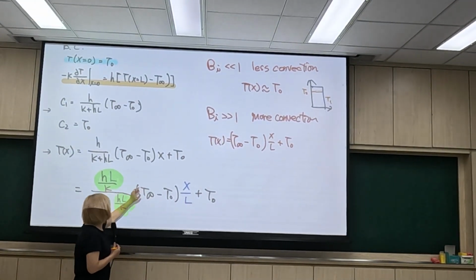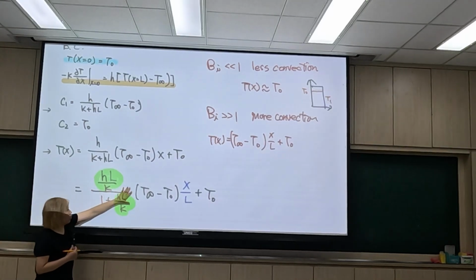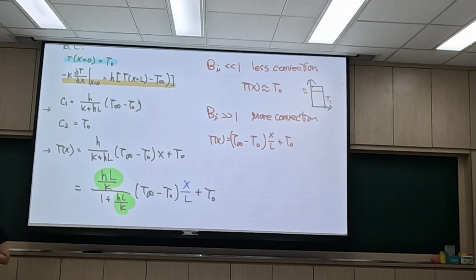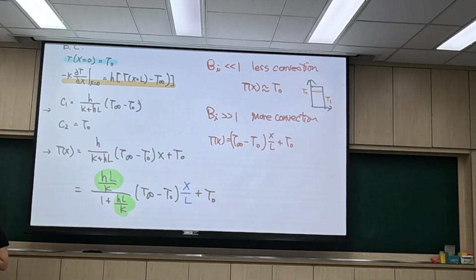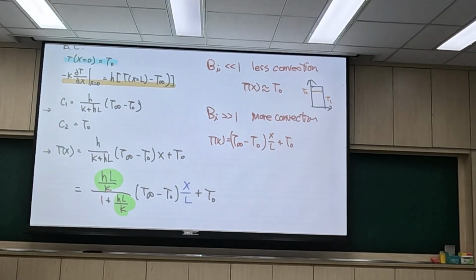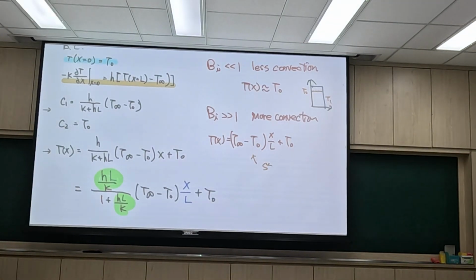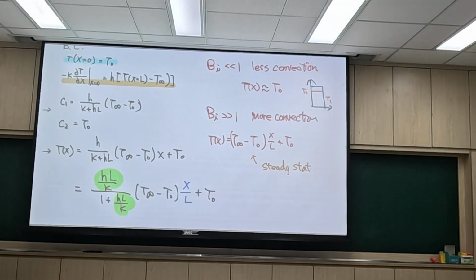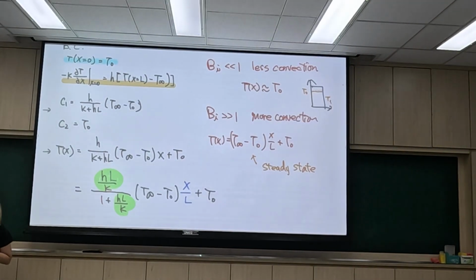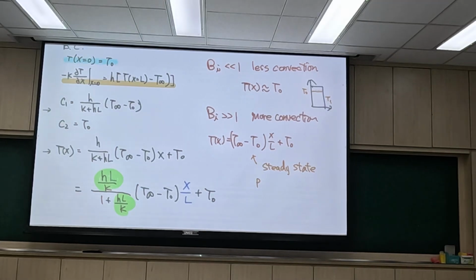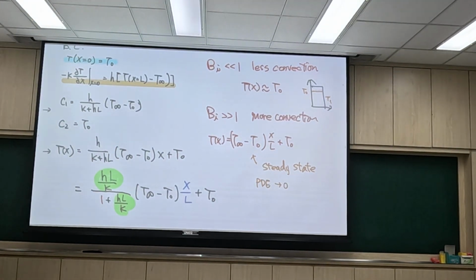The temperature distribution will become only this part. This is implied: the whole system becomes steady state. Then this will make things go from PDE to ODE.